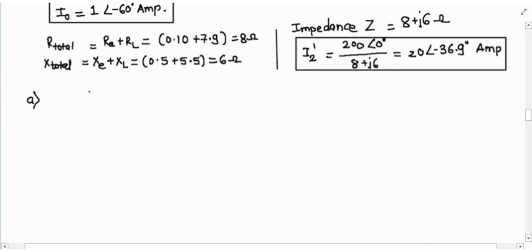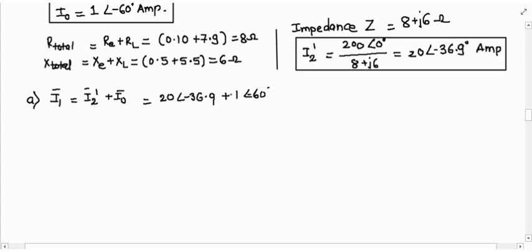Okay, so I will write down. Just you have to see the figure properly. First of all, I will find out I1. What is my I1? I1 is nothing but I2 dash plus I naught, the vector sum of both. So I can write this as 20 at an angle of minus 36.9 plus 1 at an angle of minus 60 degree.